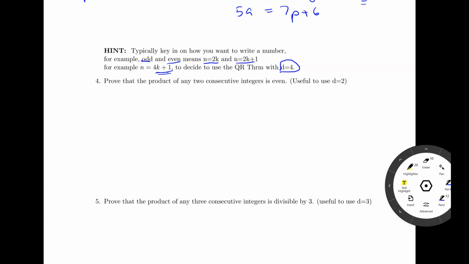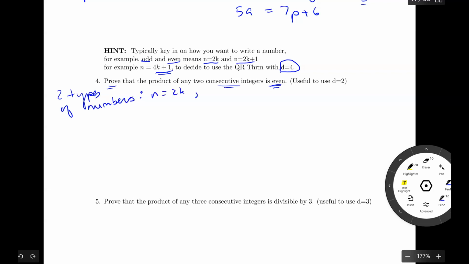All right, so show or prove that the product of any two consecutive integers is even. Since it's talking about even, I'm going to use d equals 2. So there's two types of numbers: n equals 2k and n equals 2k plus 1.